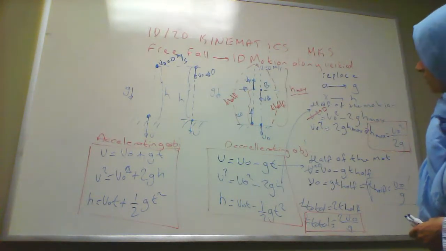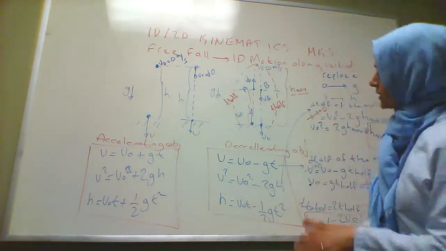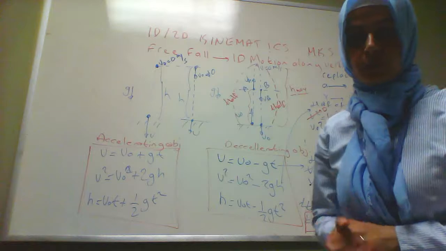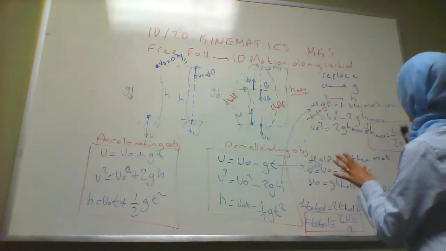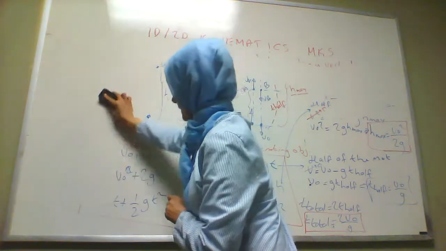So this is free fall. We'll also be solving some free fall, and all these equations are also on your formula sheet. And this is all we need to review about 1D kinematics.